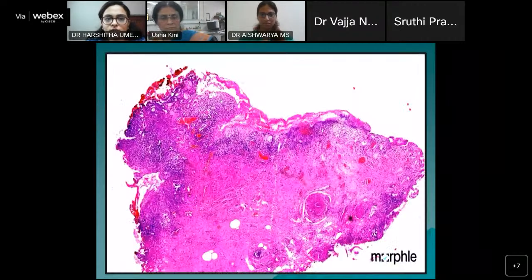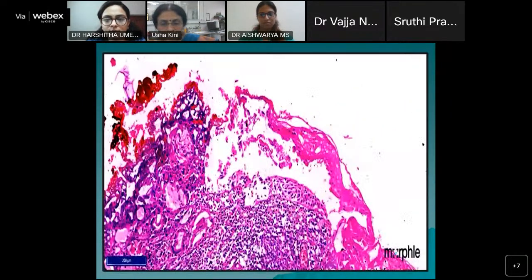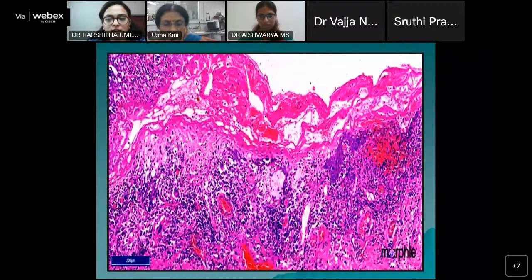Another tissue bit showed epithelial ulceration and a band-like infiltration by the inflammatory cells of the superficial dermis extending into the epidermis. This is a portion showing ulceration, as well as the band-like infiltration of lymphocytes and plasma cells in the superficial dermis and extending into the epidermis.